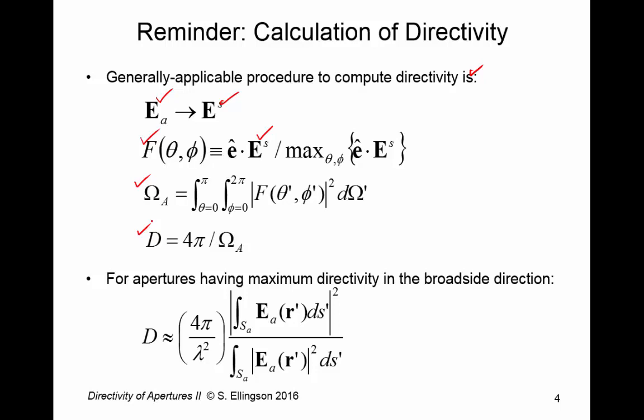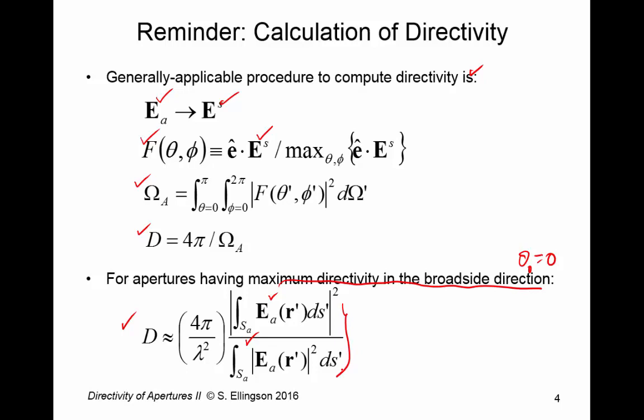I also pointed out that for apertures having maximum directivity in the broadside direction, that is a beam pointing directly along the z-axis, you could also compute directivity this way by integrating just over the electric fields and then squaring the result, and then also integrating over the square of the electric fields in the aperture, taking the ratio, and this turns out to be a measurement of effective aperture.